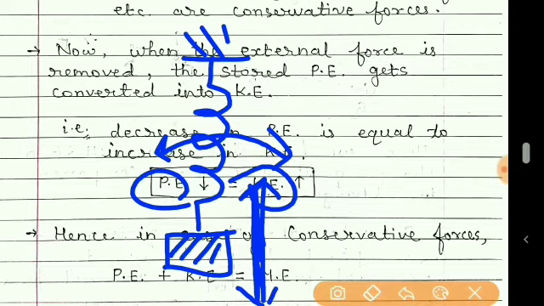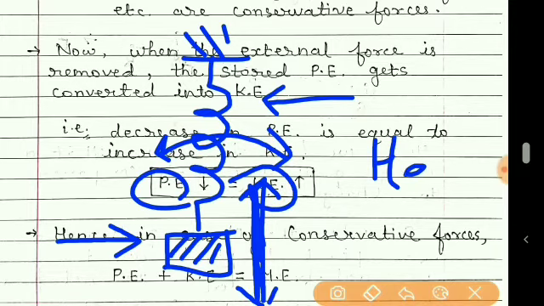But here the condition is not ideal, and so we know that the damping takes place due to the conversion of some of the energy in the form of heat due to friction with the air.